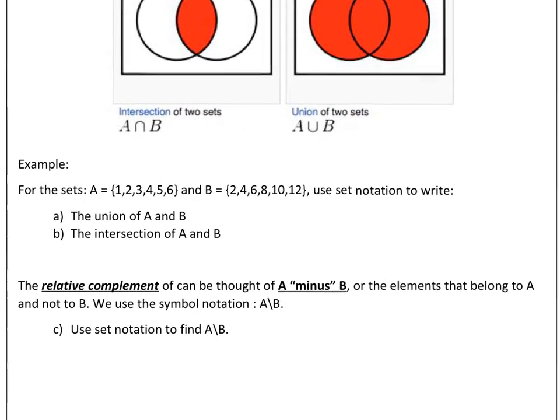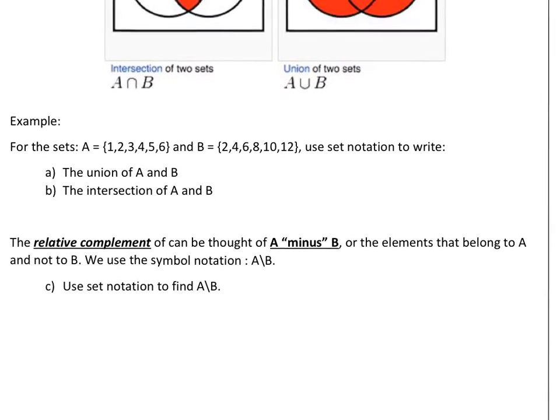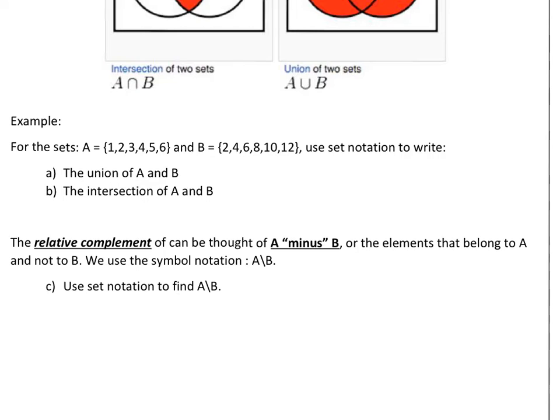So if I look at the sets where A is 1, 2, 3, 4, 5, 6 in this first example, and B is 2, 4, 6, 8, 10, 12, we're going to use set notation to write the union of A and B, okay? So I would say A union B, so that means A or B. So I want to list all the things that are in one or the other or in both, but I don't want to list things twice.